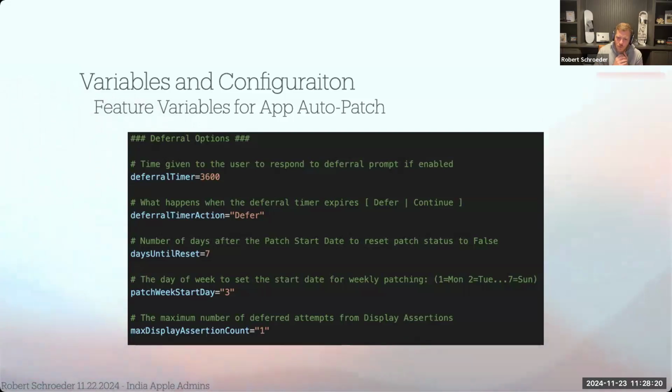So if you want to set your patching cadence to Wednesdays, like we have it here, you can set that to 3. You can see the value for Monday is 1, Tuesday's 2, and so on. And then the days to reset is going to be the amount of days until it resets the patch status.